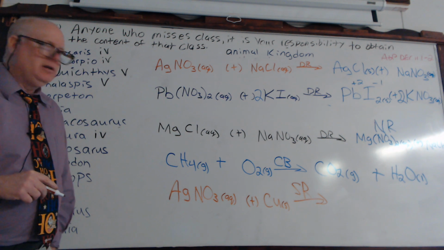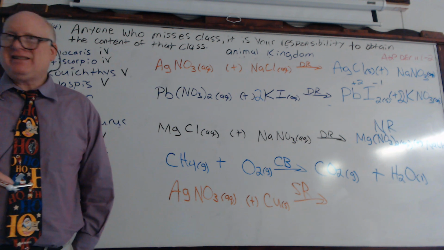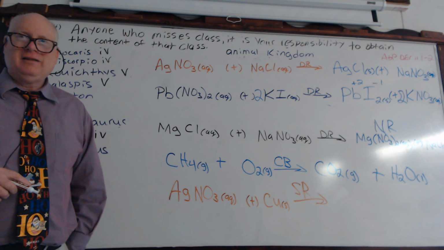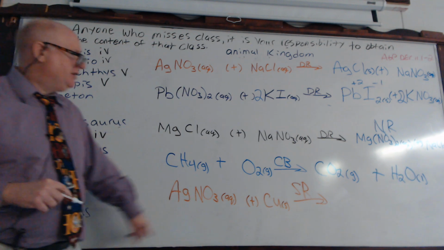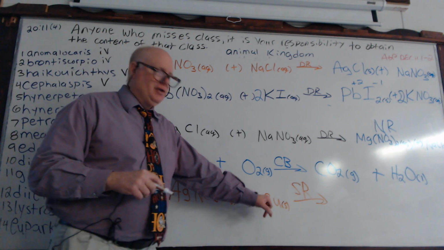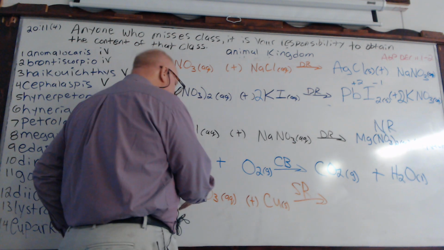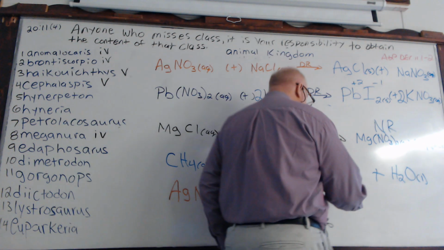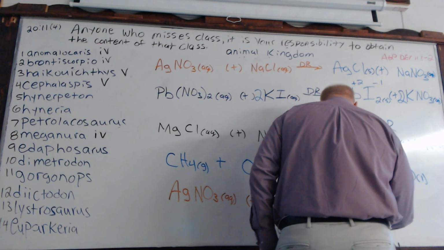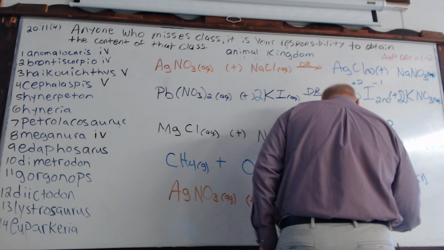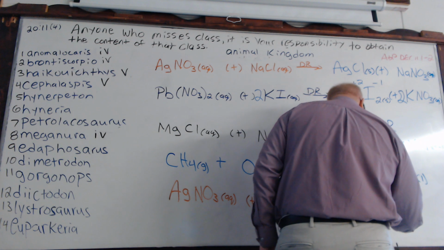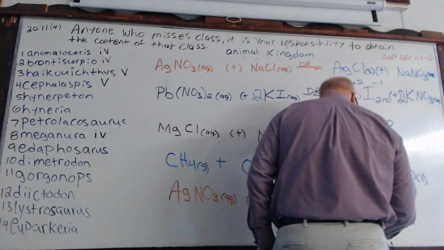Wait, yeah. Well, I heard no and I heard yes. Silver's less. Yeah, silver's less. So in other words, this is above the silver. So this will replace the silver, but on this side. So therefore, we have copper nitrate, which will be an aqueous solution because all nitrates are.